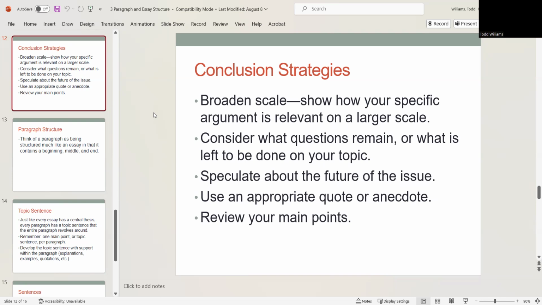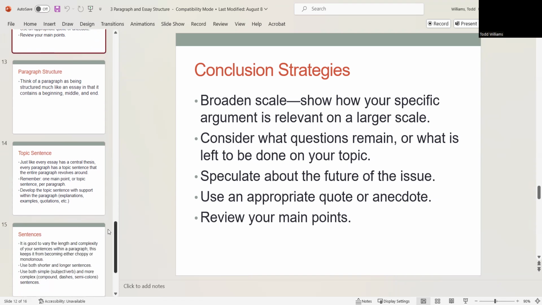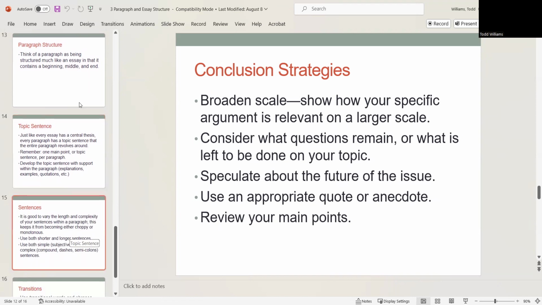While that seems really basic and simplistic, it's really not the worst way to end an essay. If you can just say, so in summary, what I've said here is this, this, and this, right? Just narrow it all down to, here's what I want you to take away from my argument. So, reviewing your main points is not a terrible way to conclude an essay, even if it doesn't sound that exciting.